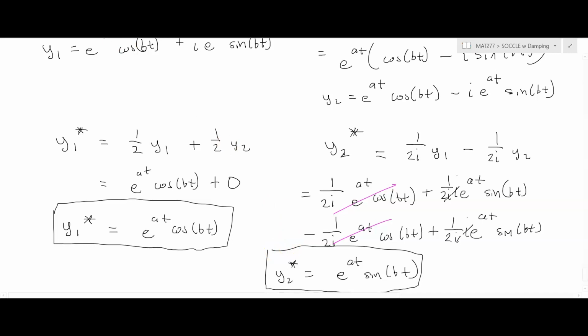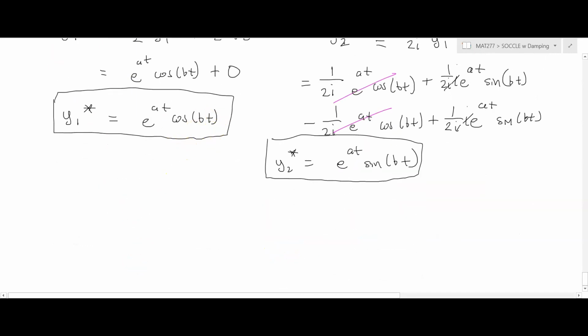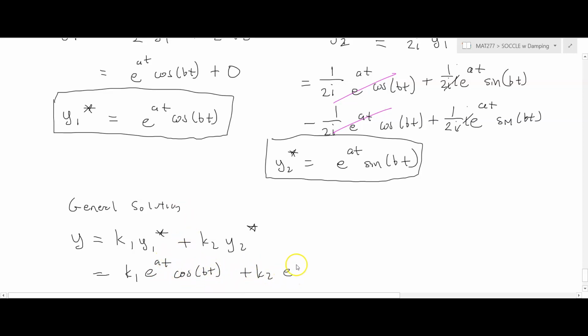Now, again, we can keep using this linearity principle, and we can say, well, we formed two new solutions that just don't have any imaginary numbers in them. So my general solution, let that be some constant times y1 star plus some constant times y2 star, and that comes out to k1 e to the at cosine bt plus k2 e to the at sine of bt.